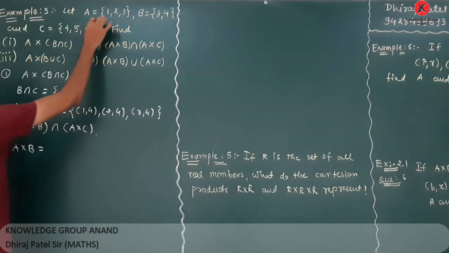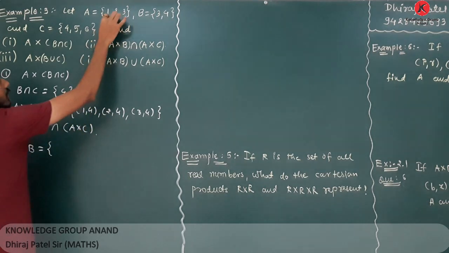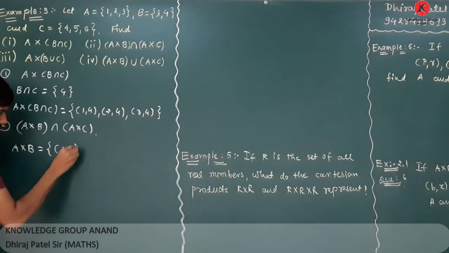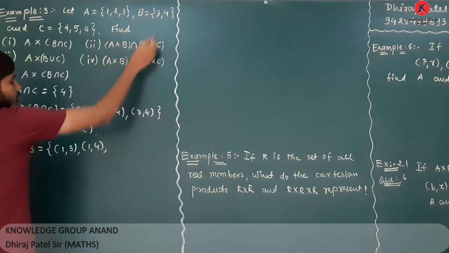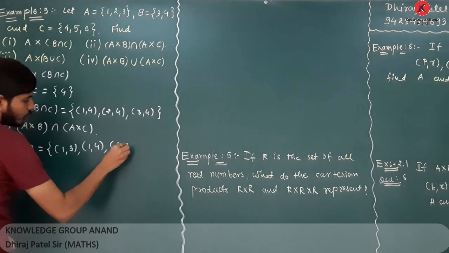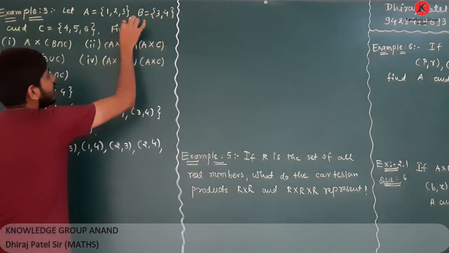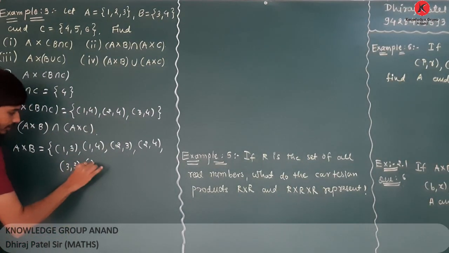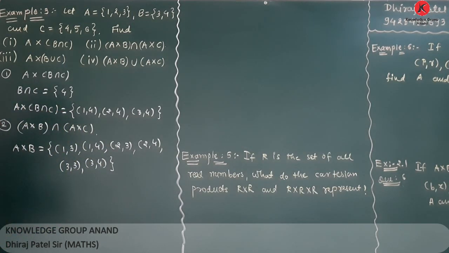Then our A cross B equals 1, 3, 1, 4, same as 2, 3, 2, 4, and the last ones 3, 3 and 3, 4 here. Okay? This is our A cross B.